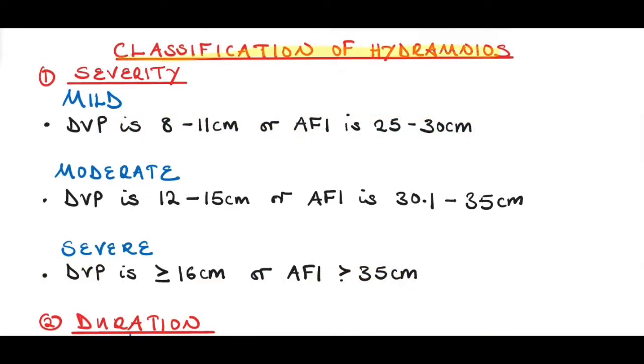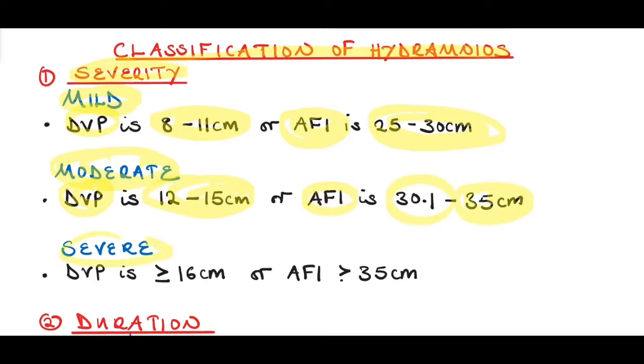Classification of polyhydramnios is based on the severity as well as the duration. Based on severity, you have mild polyhydramnios where the deepest vertical pool is about 8 to 11 centimeters or the amniotic fluid index is 25 to 30 centimeters. In moderate polyhydramnios, the deepest vertical pocket is 12 to 15 centimeters or the amniotic fluid index is 30.1 to 35 centimeters.